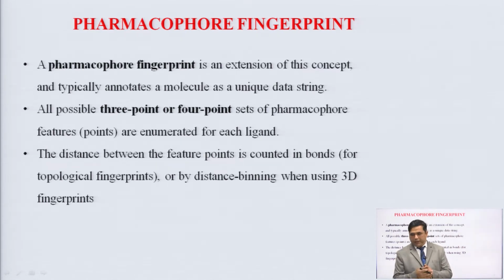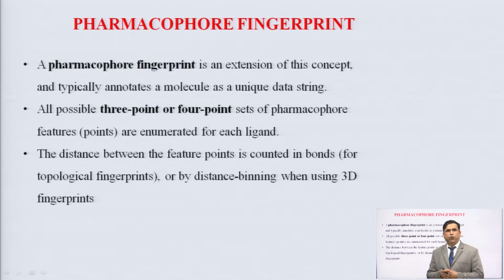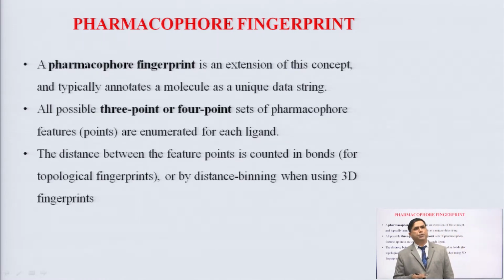So, in the unique data string, in the 3-point or 4-point set of pharmacophoric features, we have to identify the features present in the ligand, in the form of hydrogen bonding acceptor, hydrogen bonding donor, cation, anion and so on.